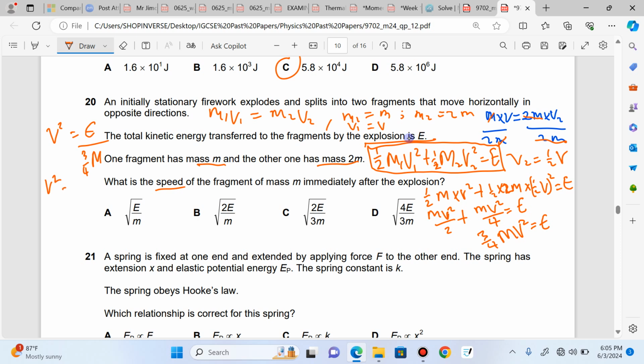Automatically, V squared equals 4 over 3 E over m. And that simply means V is equal to the square root of 4E divided by 3m. That makes D the correct answer to question number 20.